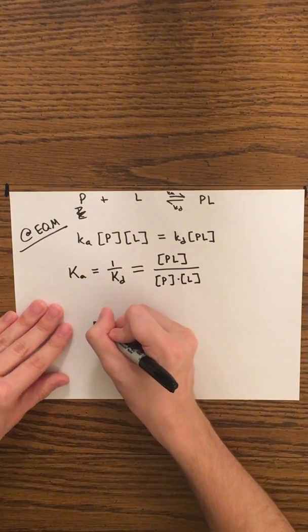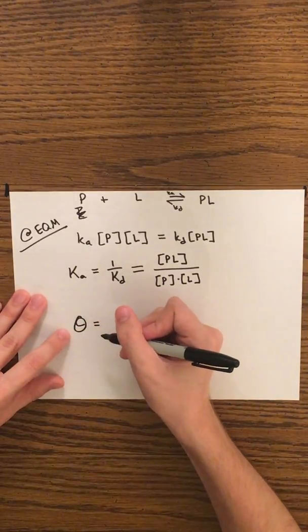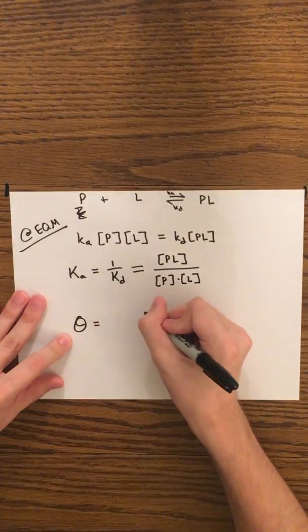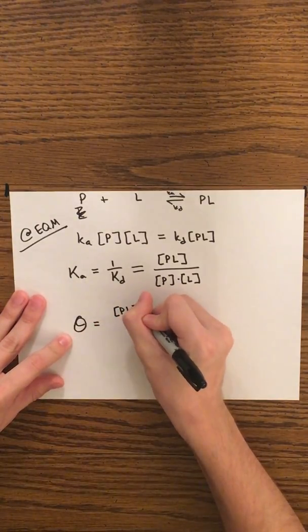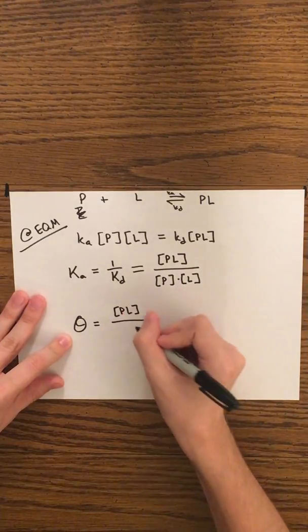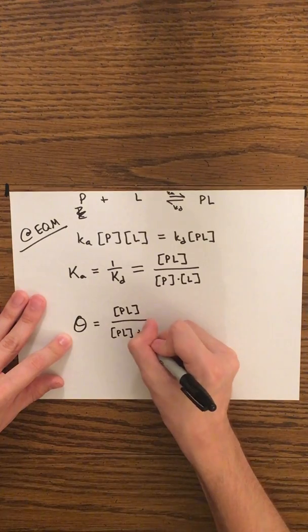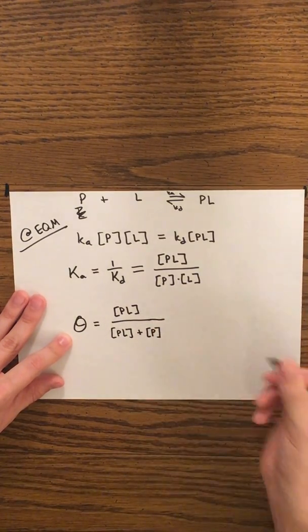And we know that theta, the fraction of bound protein sites, is equal to the concentration of the PL complex over the concentration of the PL complex plus the concentration of P, right?